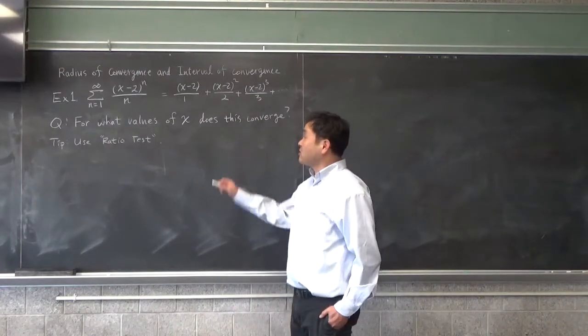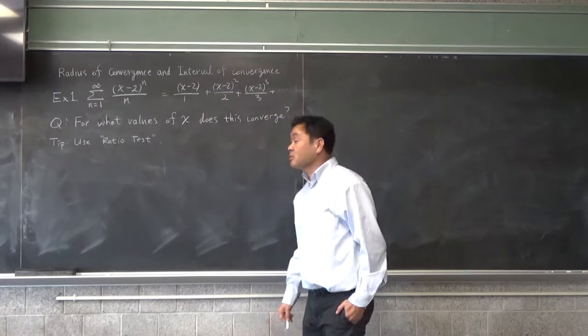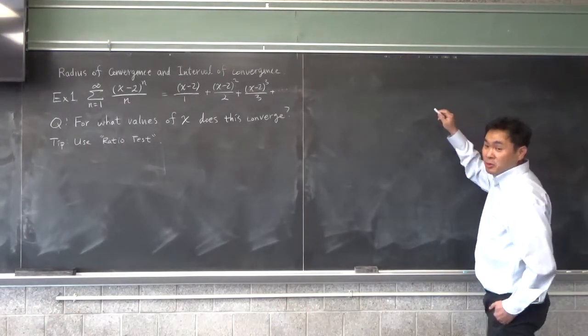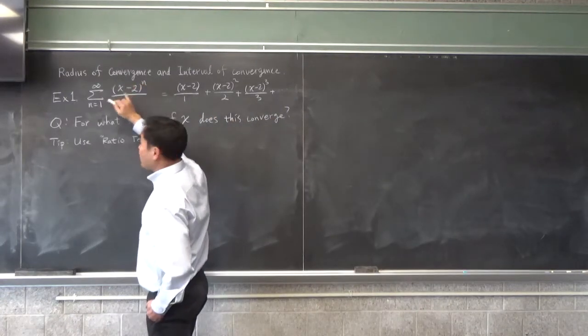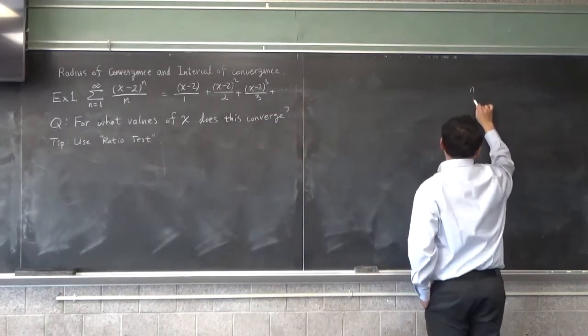In some cases it's easier to use the root test. You know how to use the root test. You take the nth root. If you take the nth root, the n will cancel away, but down here you will have the nth root of n.